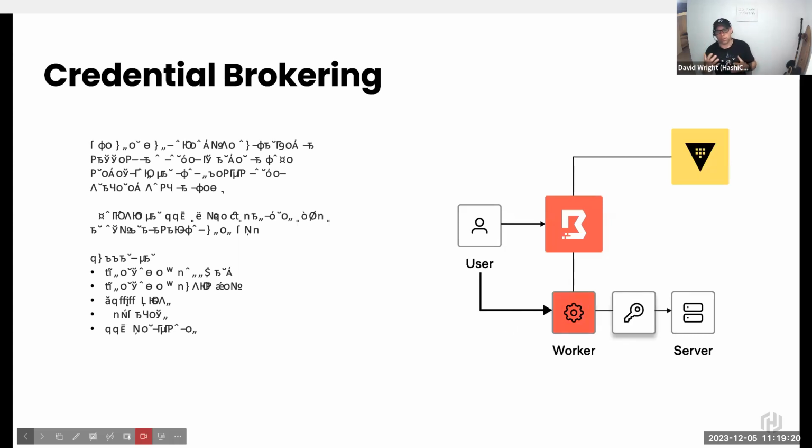That's a great way to manage this, particularly across things like RDP, SSH, certificates, usernames and passwords, any of those constructs you would want to use to access the target.